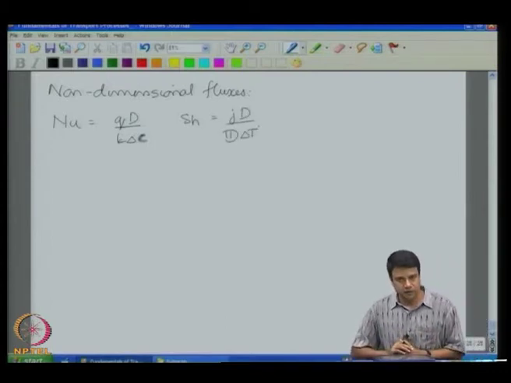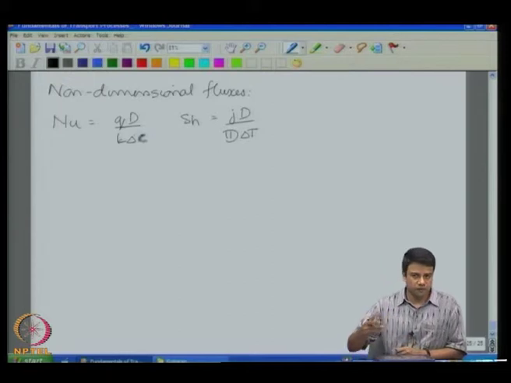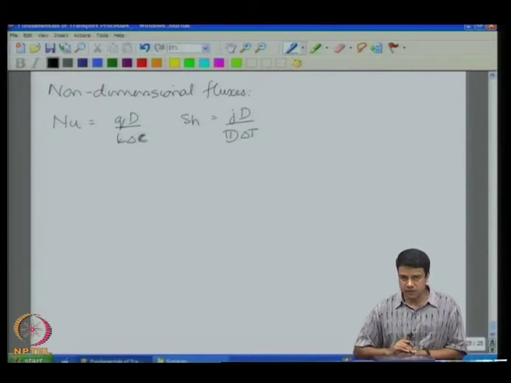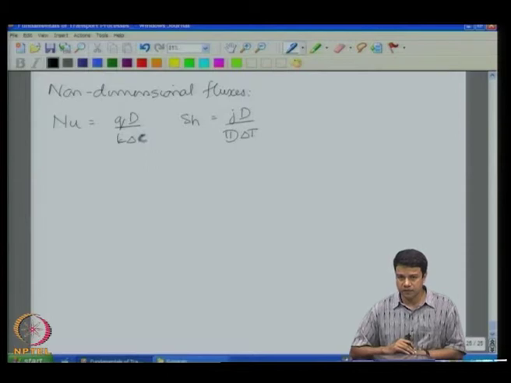So, for heat and mass transfer problems, the Nusselt number and the Sherwood number will be written in terms of the ratio of all other forces. The Reynolds number, the Prandtl number or the Schmidt number as the case may be, and surface tension forces if they are important, gravitational forces if they are important. We will know if surface tension is important if the Weber number or the capillary number is small, and similarly gravity will be important if the Froude number is small.